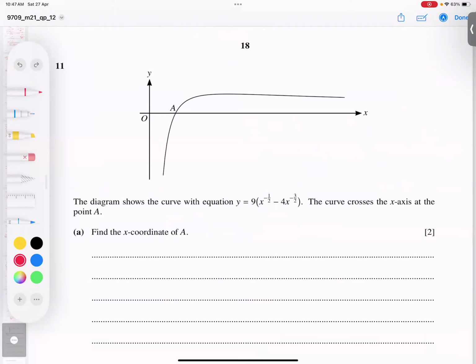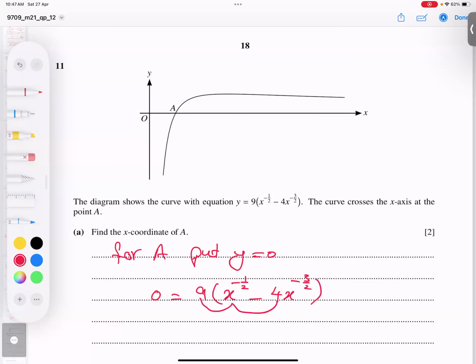Question number 11. He said find the x coordinate of A. For A, plug in y equals 0. Now, when I plug in y equals 0, this 9 is disturbing to students a lot. What is the technique? Two techniques.